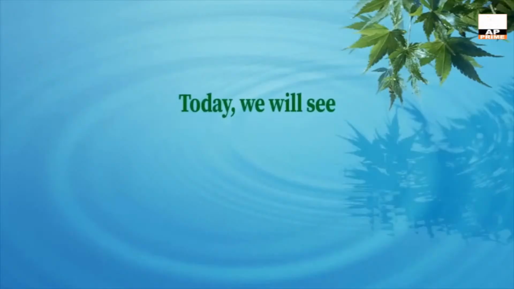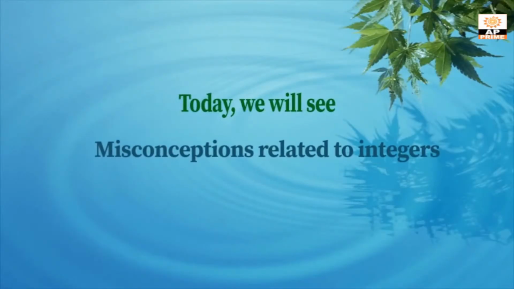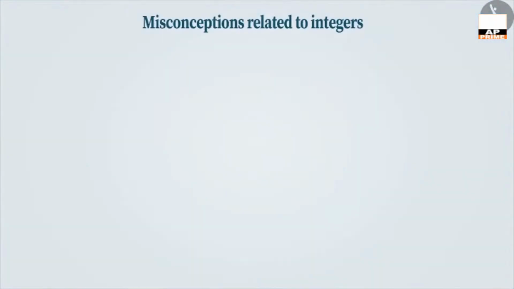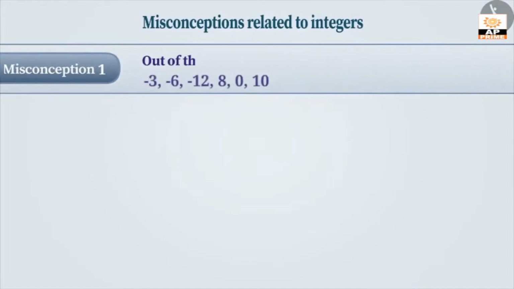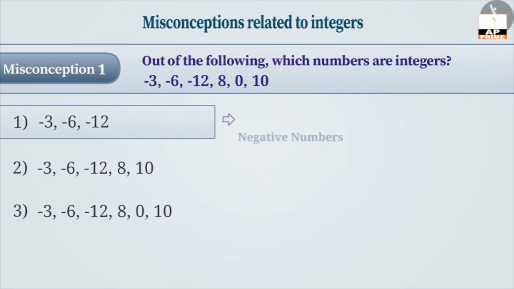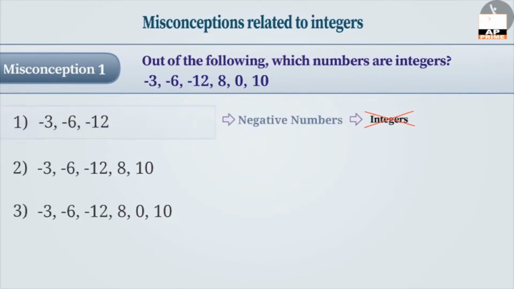Today, we will see some misconceptions related to integers. Misconception 1. Of the following, which numbers are integers? Often, only negative numbers are mistaken as integers. In which case, you might choose option 1, which is incorrect.